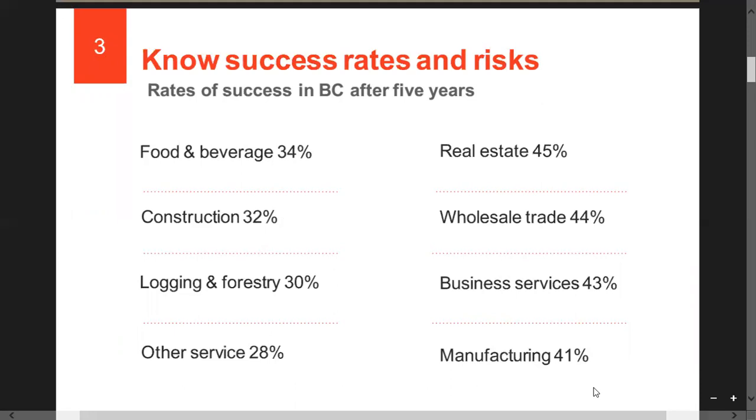So the kinds of business that we saw have different rates of success. We have different percentages from one country to another and from one place to another.